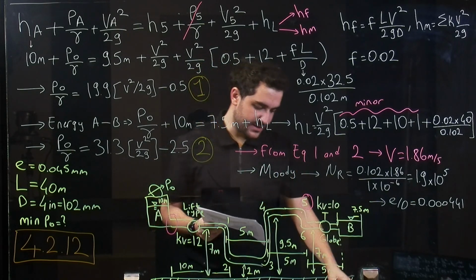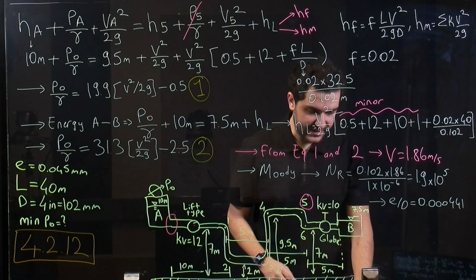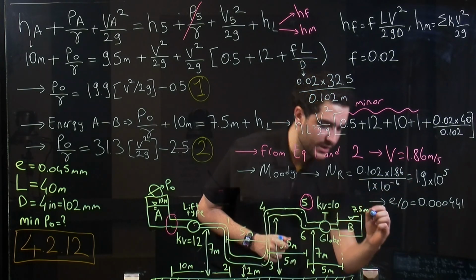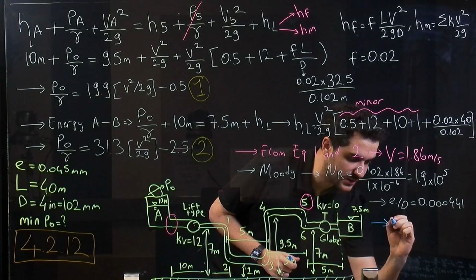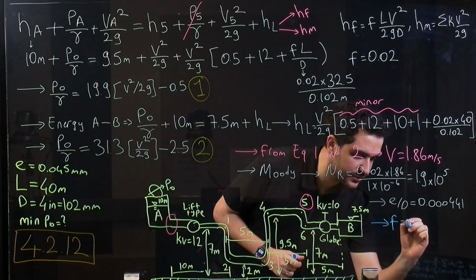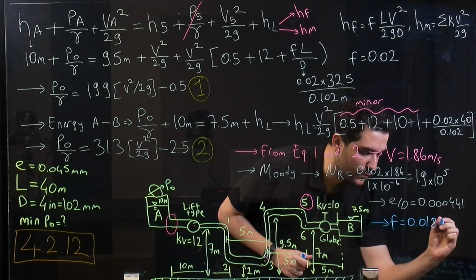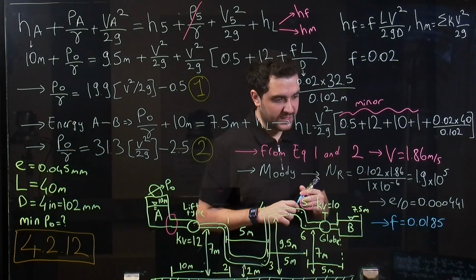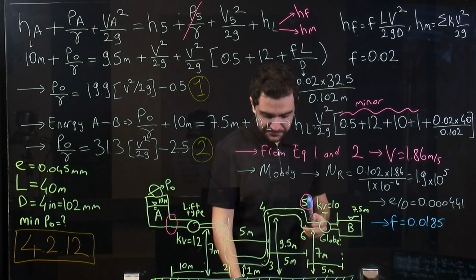And using these values, we will get the friction factor. So the F will be equal to 0.01185.